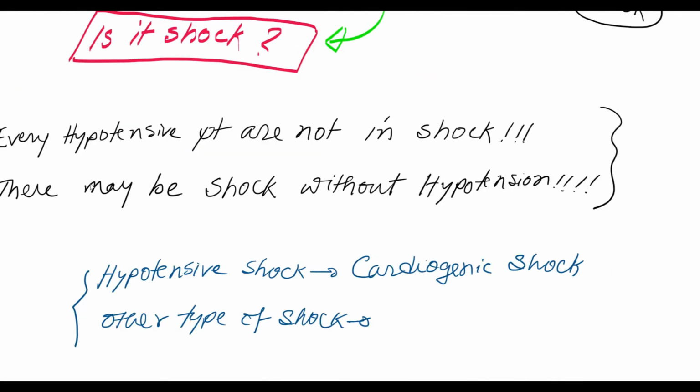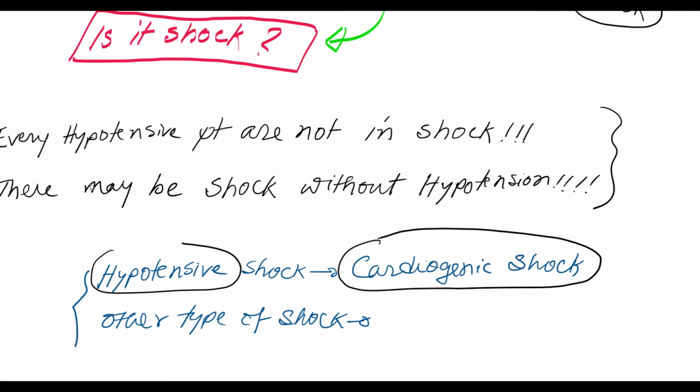Actually, hypotensive shock means cardiogenic shock due to heart failure, like. In this case, the patient develops shock, and before developing shock, the patient goes through the state of hypotension. On the other hand, there are some types of shock where you find that the pressure is quite normal, such as neurogenic shock or spinal shock, where the pressure will be quite normal.